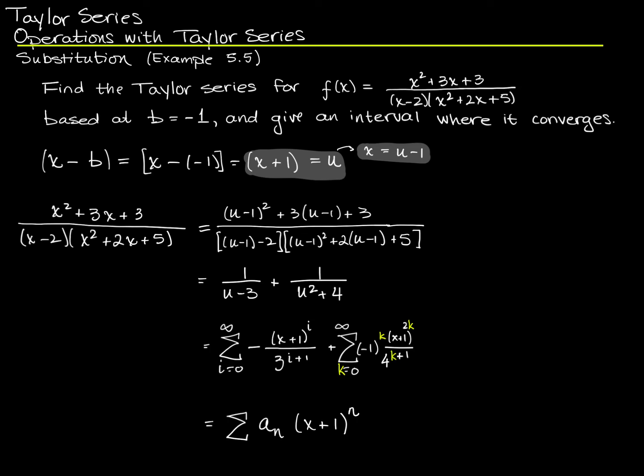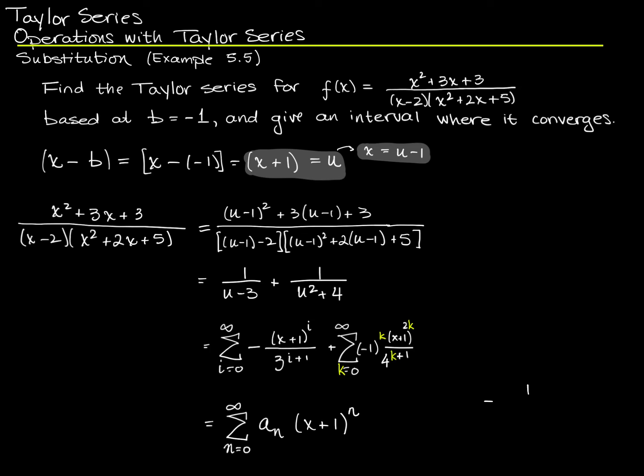I'm going to say that n goes from 0 to infinity. And this is my answer depending on what a sub n is. And a sub n is either going to be this thing right here, without the x plus 1 in it, because I have x plus 1 here now. It's either going to be negative 1 over 3 to the power of 1 plus x. Let me just write that in.